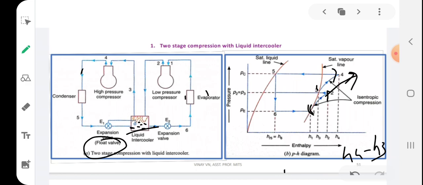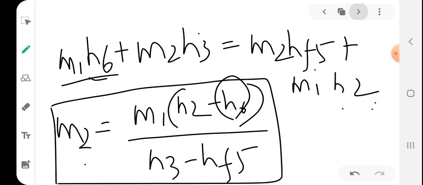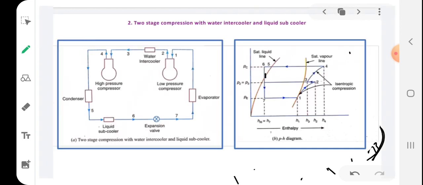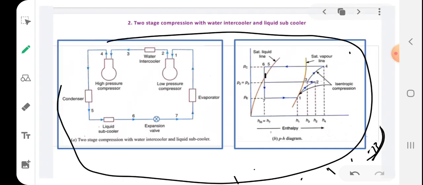One thing is sure, whenever you apply an intercooler, whether it is a water intercooler or the liquid intercooler, the work required in the compressor will definitely get reduced. Okay. So hope you have understood this particular system also. Two-stage compression system with the water intercooler and a liquid subcooler.